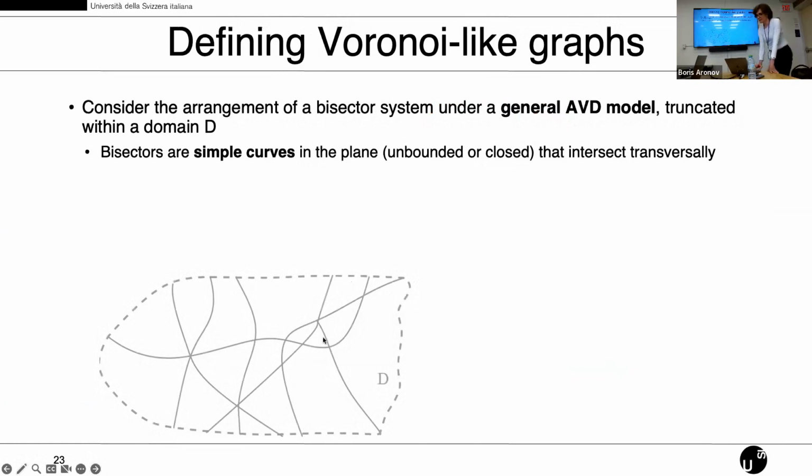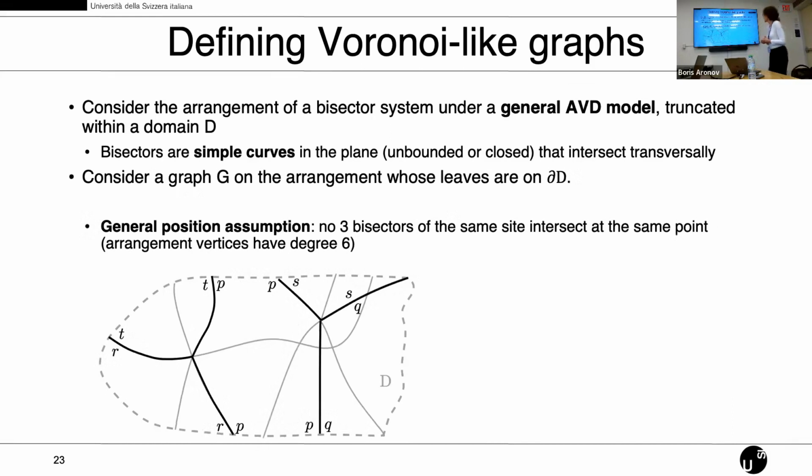So let's consider an arrangement of bisectors, under a general abstract Voronoi diagram model. We have an arrangement of bisectors here, truncated within a domain. The bisectors are simply curves, bounded, closed, and they intersect transversally.